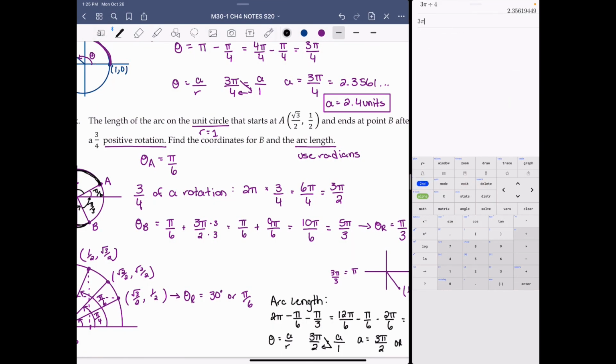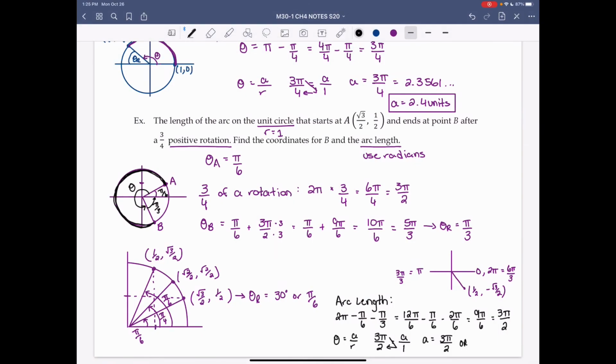Three pi divided by 2 gives us 4.71. So rounded to the tenth, I'll do 4.7 units. And the question also asked for the coordinates for point B. B is 1/2 and negative root 3 over 2.